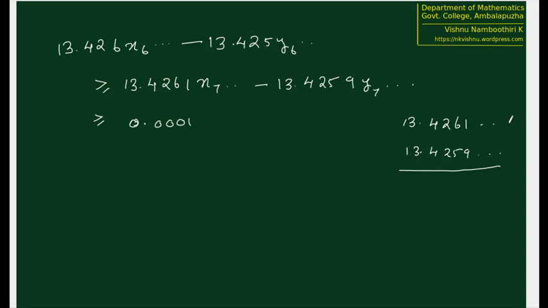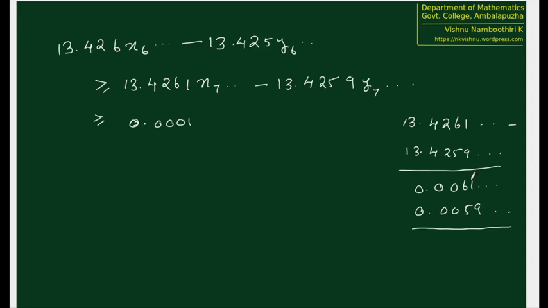Therefore, the difference is going to be something of the form 0.00. This is 61 etc. minus 0.0059 etc.